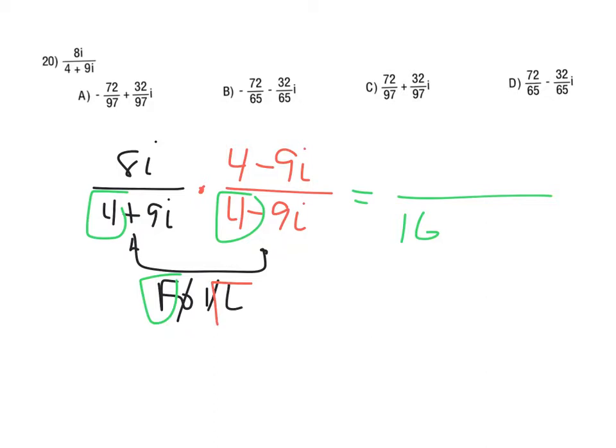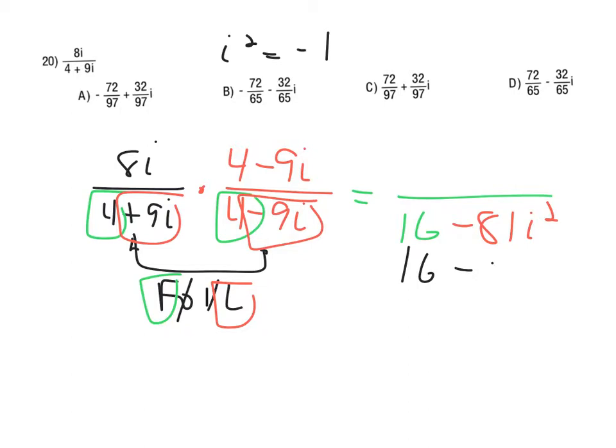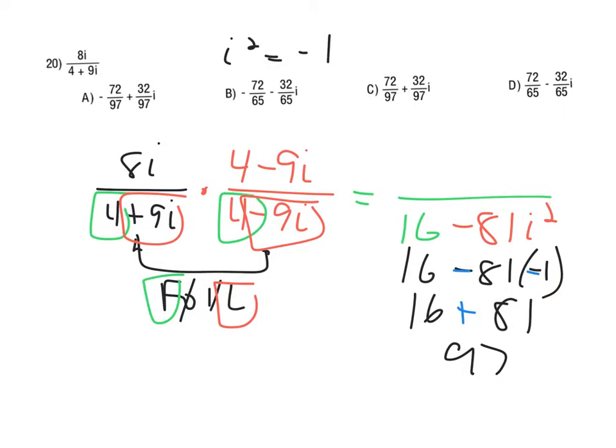The lasts, 9i times negative 9i is negative 81i squared. Always remember that i squared is negative 1. So here I have 16 minus 81 times negative 1, and negative and negative is a positive 81. So that's going to give me 97 as my denominator.